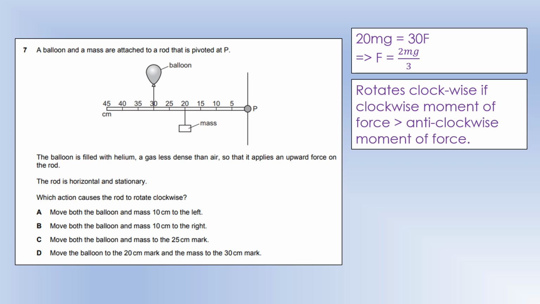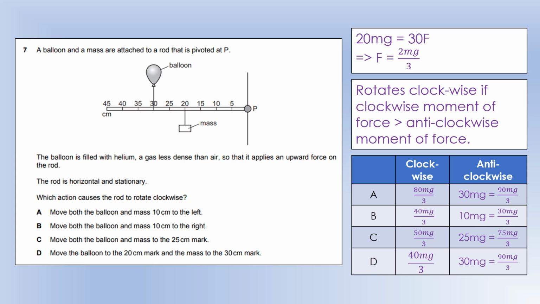So it's going to rotate clockwise if the clockwise moment of the force is greater than the anti-clockwise moment of the force about P. So here is my table in each scenario of the clockwise and the anti-clockwise moments of the forces. And what we're looking for is one where the clockwise is bigger than the anti-clockwise, which we can see is option B. In both columns I've put them over the same denominator to make them easy to compare, but B is the only one where the clockwise is bigger than the anti-clockwise.